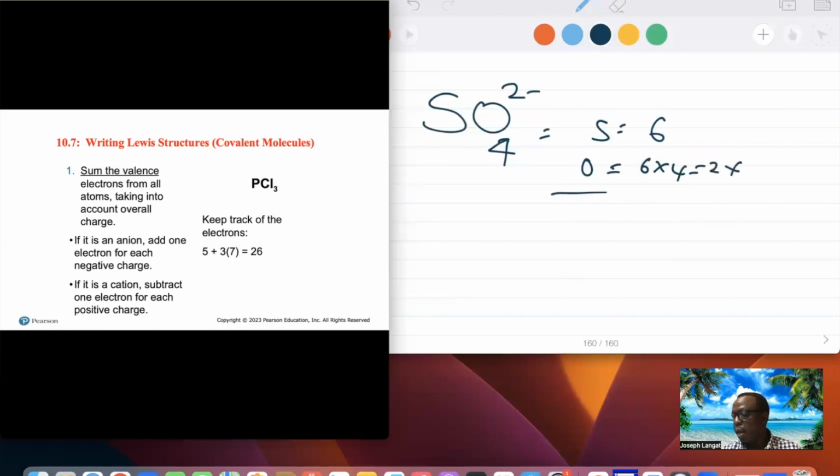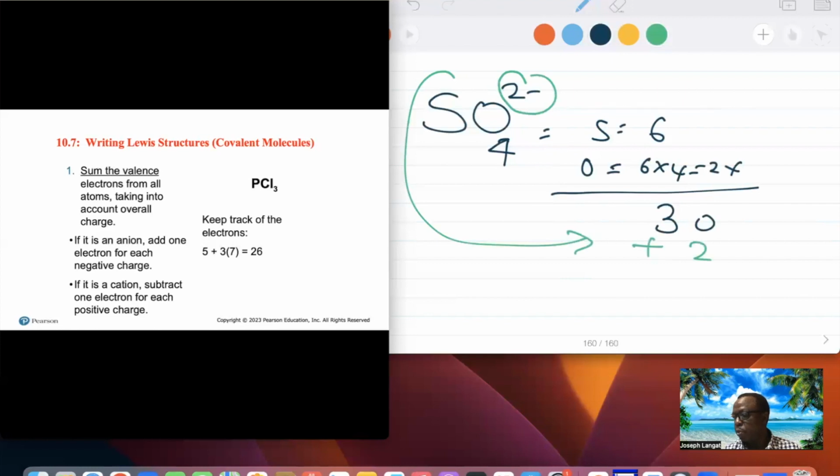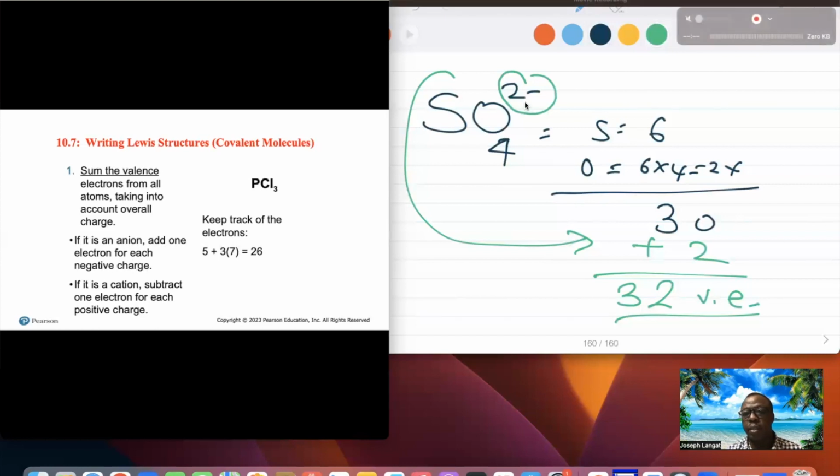If we add, this will give us 30. But since we have an overall charge of -2 here, we will add 2. This is what this bullet point means, add 1 electron for each negative charge. We have an overall charge of -2, that's why we have +2 here.